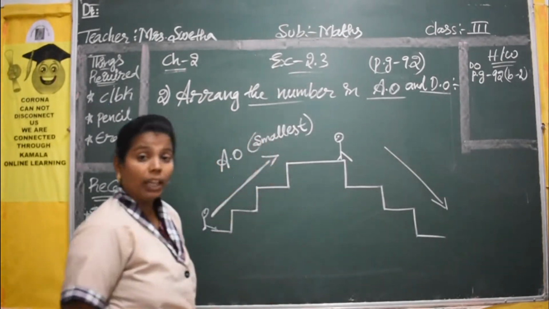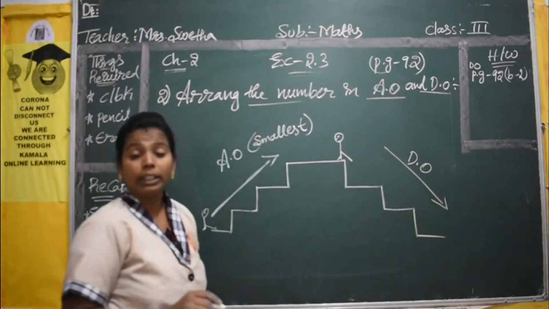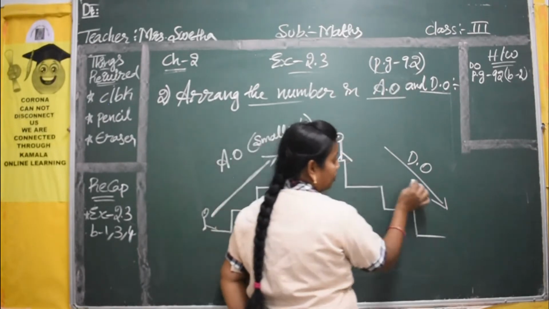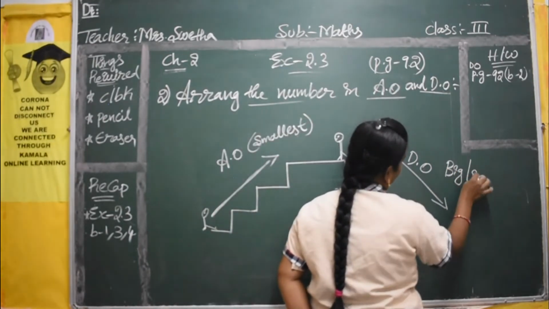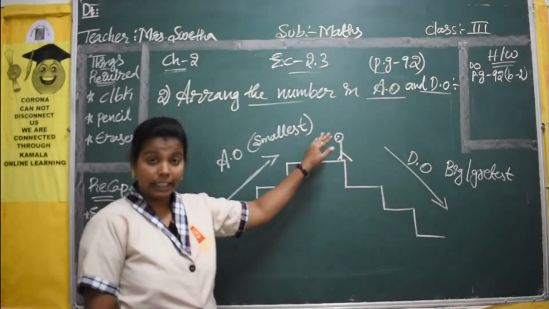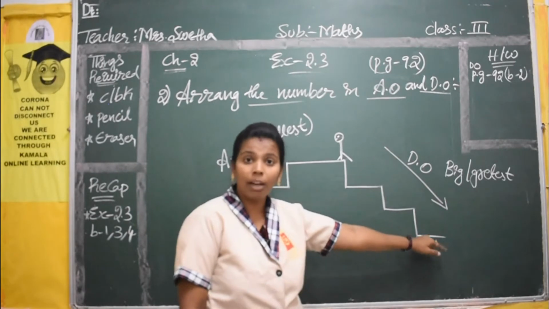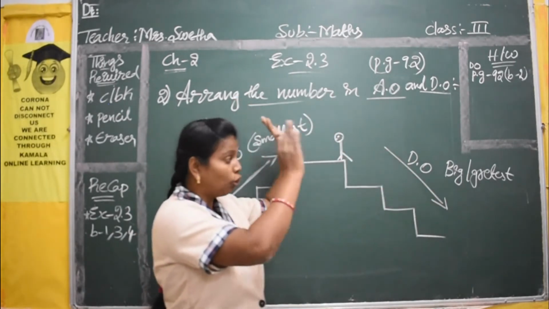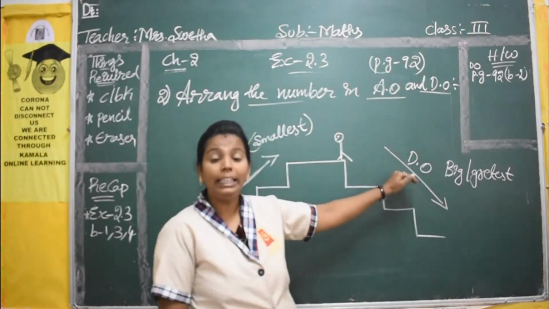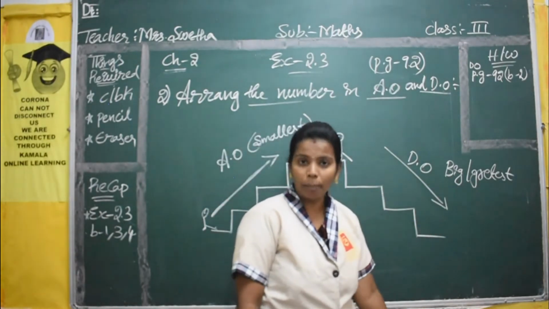So coming down, getting down, is called descending order, meaning from the greatest place, from the biggest place, from the height, from up to down you will come. Up means what? Very big one. So descending order means from the big number to the smallest number. In descending order you always pick the big number or the greatest number from all your numbers.